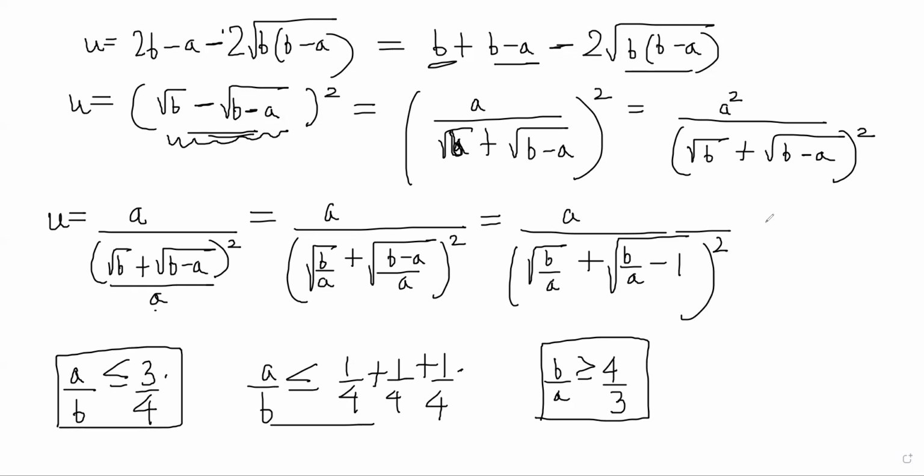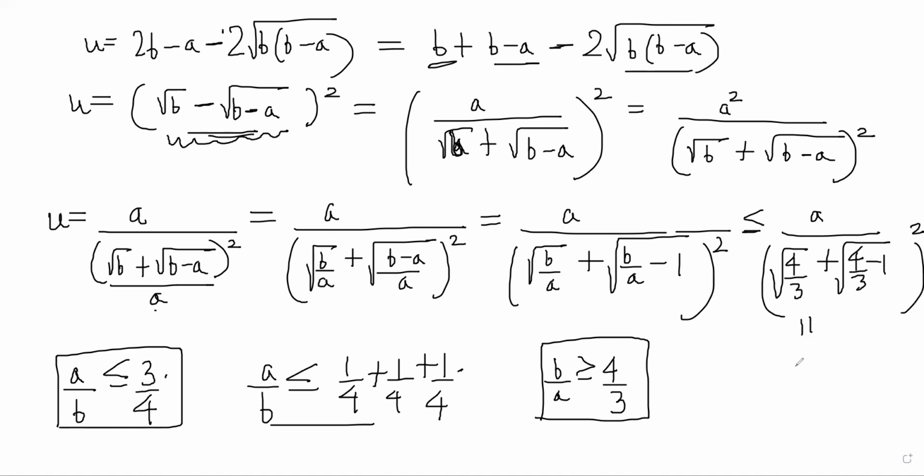Correct. So this is less than or equal to b by a, which is greater. So actually I am replacing it with a smaller number. Therefore the whole thing is lesser than a by root over 4 by 3 plus root over 4 by 3 minus 1 whole square, right?